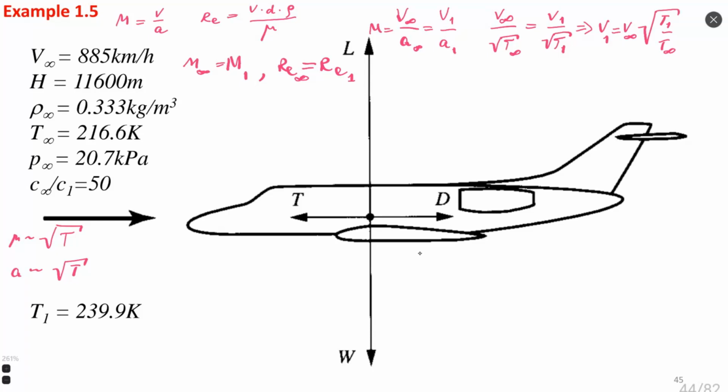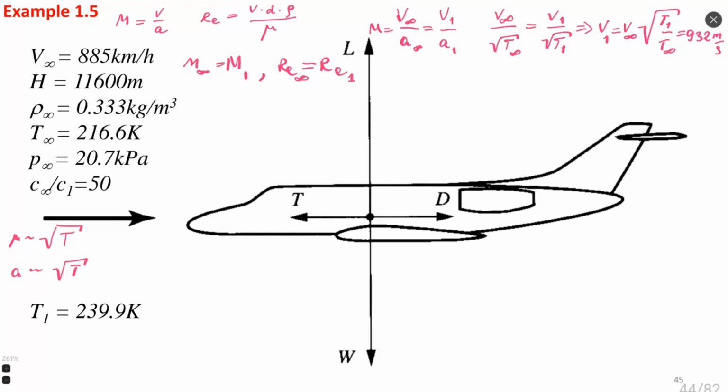At least from my calculation, I received this value, 931, 930. Okay, to round, 932 meters per second. This is the velocity of test inside the wind tunnel.